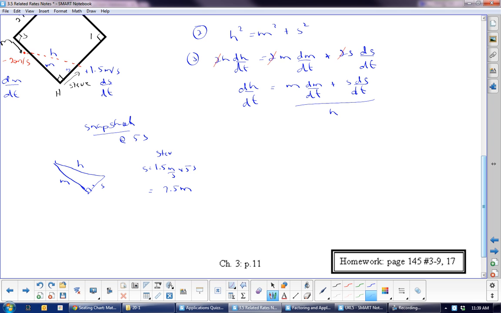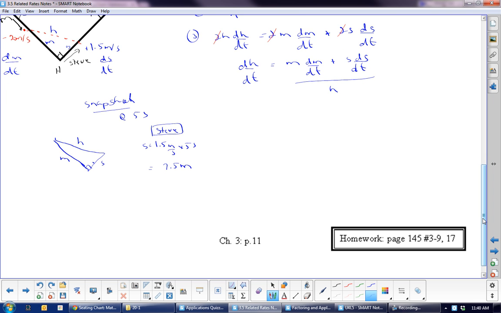Okay, so now we know how far Steve has run at 5 seconds. What about Mary? Now, Mary, S equals negative 2 meters per second times 5 seconds equals negative 10 meters.